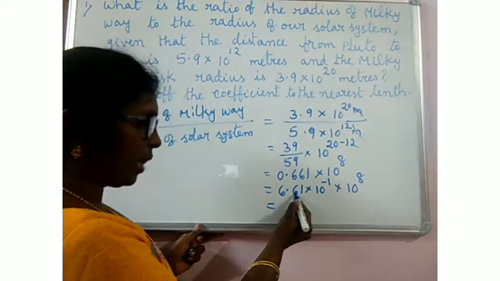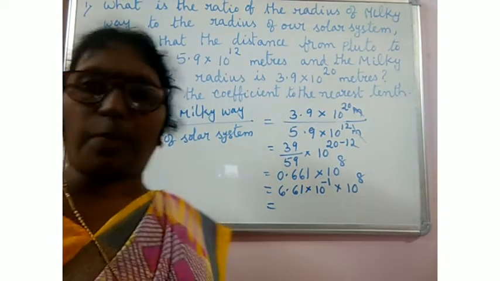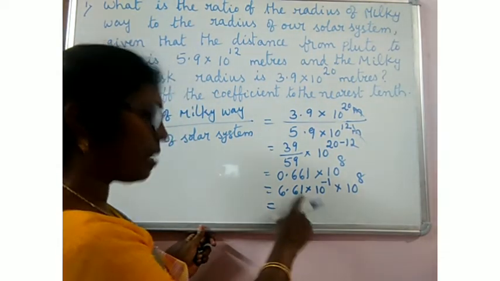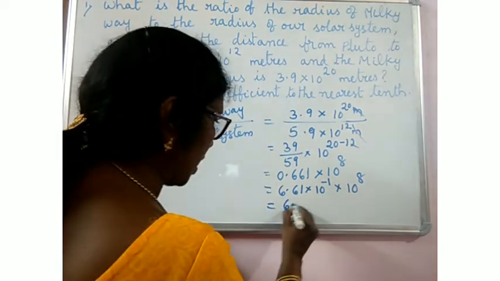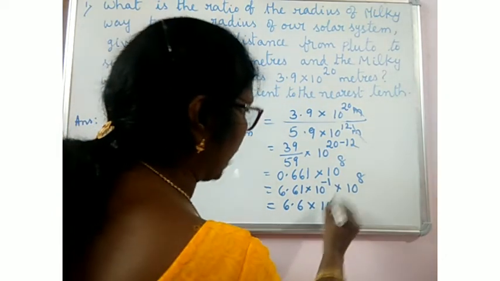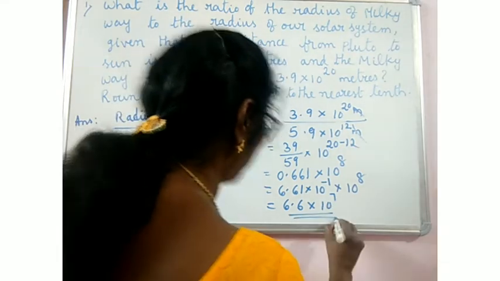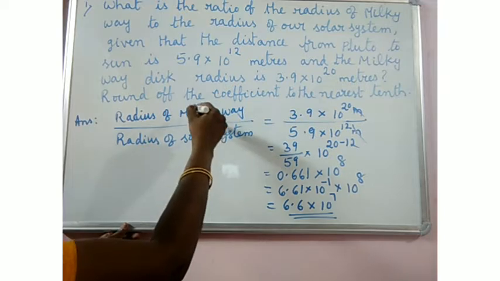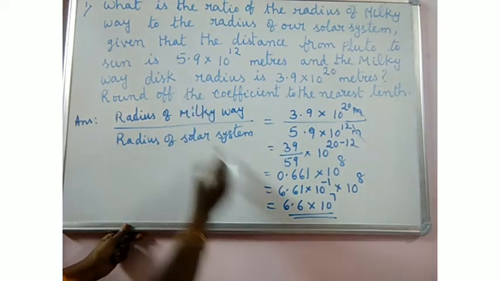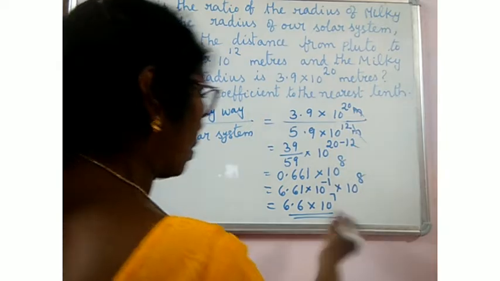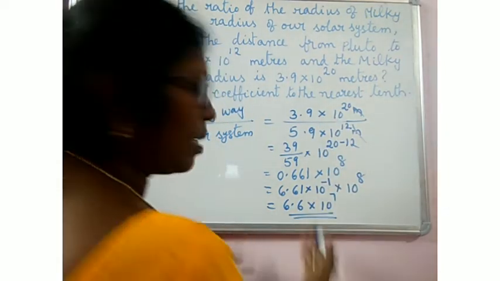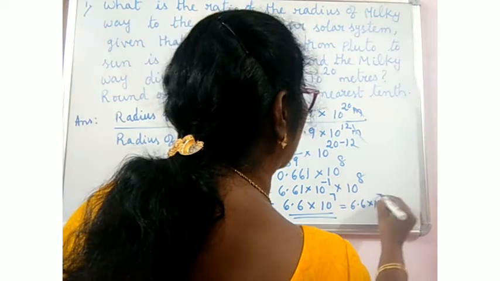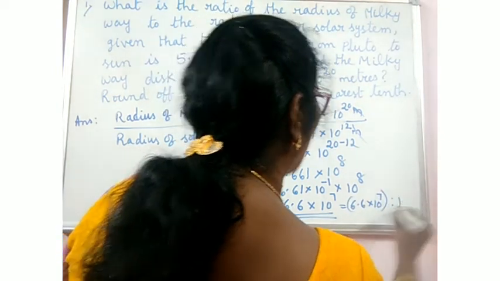The question is, round off the coefficient to the nearest tenth. That means this is the tenth place, this is the hundredth place. The hundredth place we should remove. After the tenth place 6, 1 is there, so 6 will be 6. We will have 6.6 into 10 to the power 7. The ratio of the radius of the Milky Way to the radius of the solar system is this, or this ratio means this by 1, or you can show 6.6 into 10 to the power 7 is to 1.